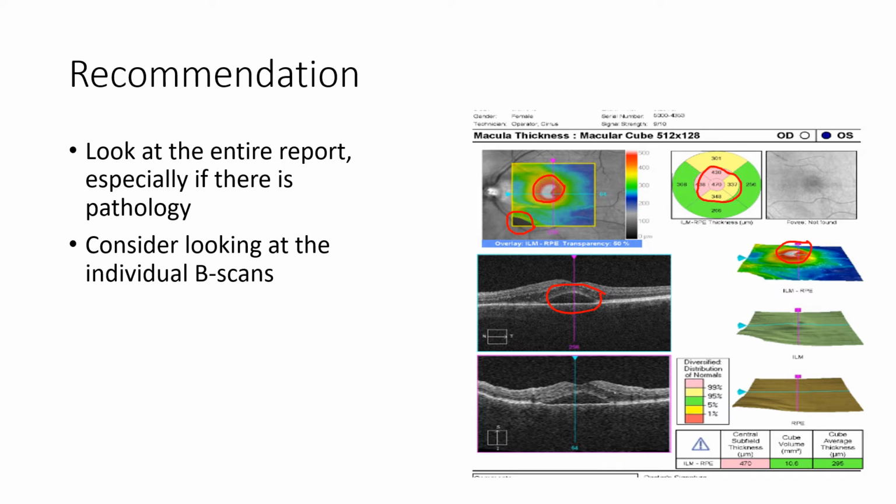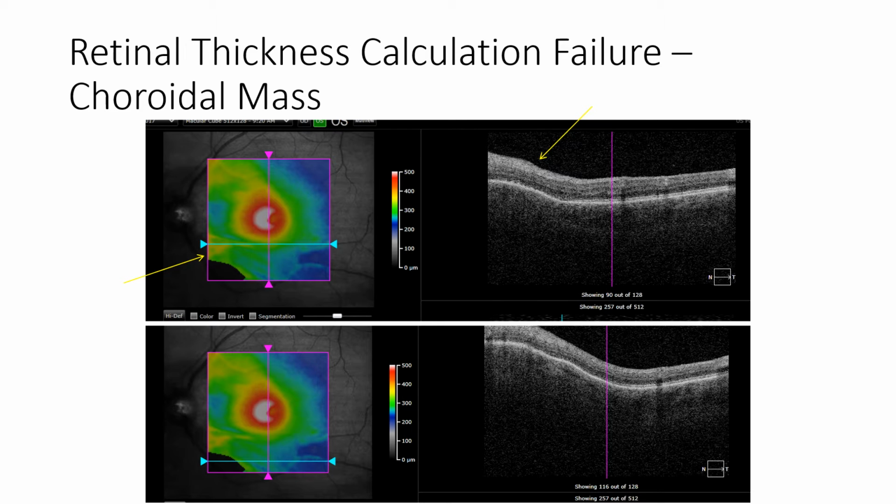In this case, we can see a hint of what's happening on the vertical B-scan and along the RPE surface image here. So here we can see why the retinal thickness calculation failed.